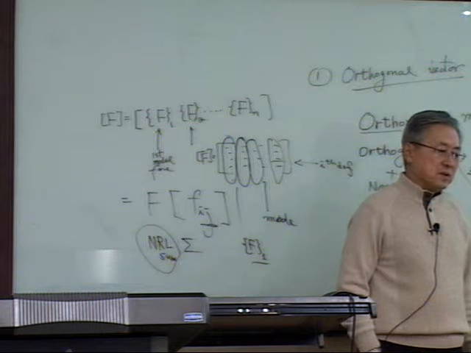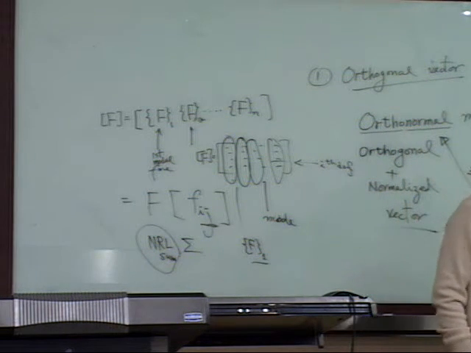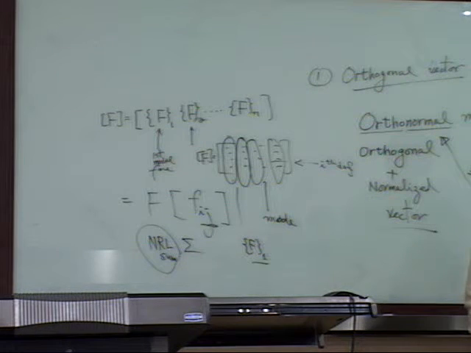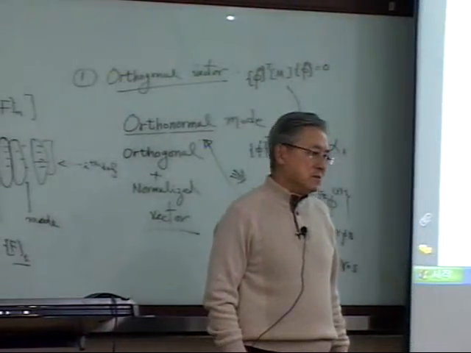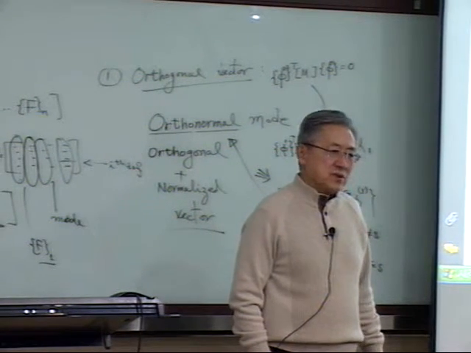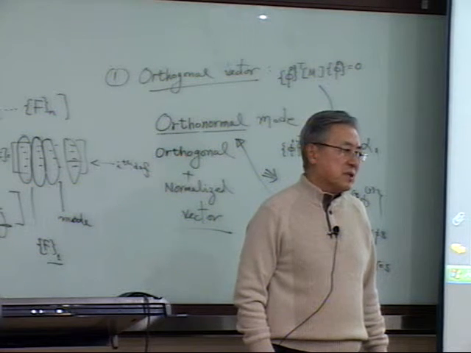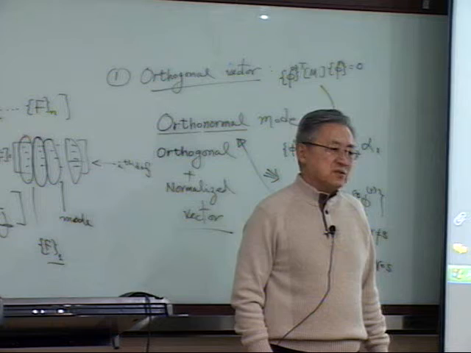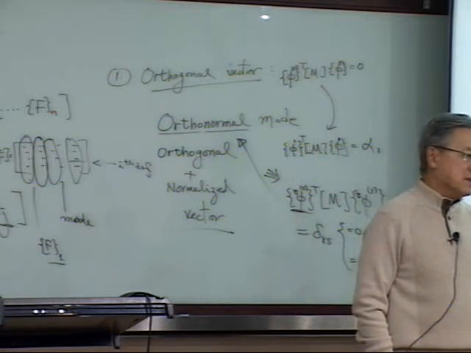Lower modes contribute a lot more than higher modes. For, let's say, a 10,000 degrees of freedom model, you may need maybe 10% to include in the analysis, which means for 10,000, you take 10%, maybe 1,000 modes you may just need. Or maybe 100 modes, then maybe that's all you need.